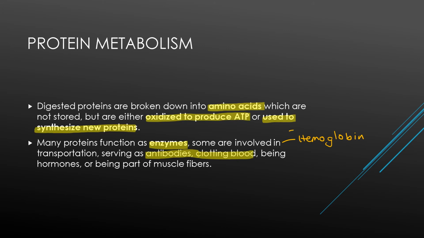An example of a clotting protein would be something like fibrinogen, like we saw with the clotting factors. Some proteins would be hormones, something like insulin.